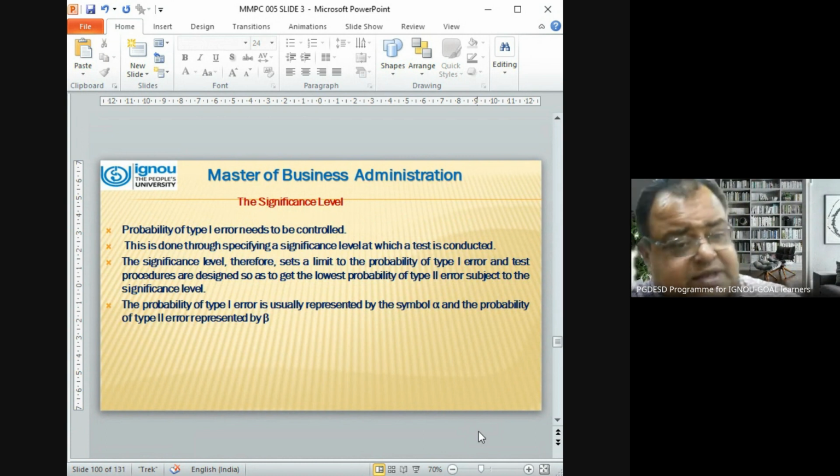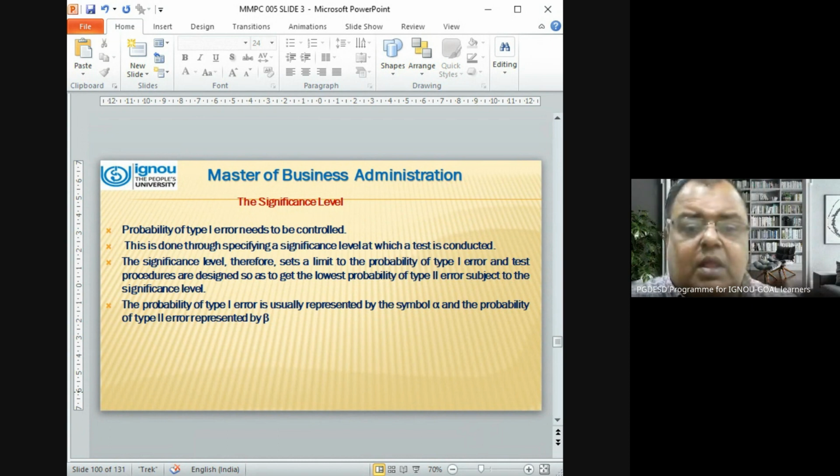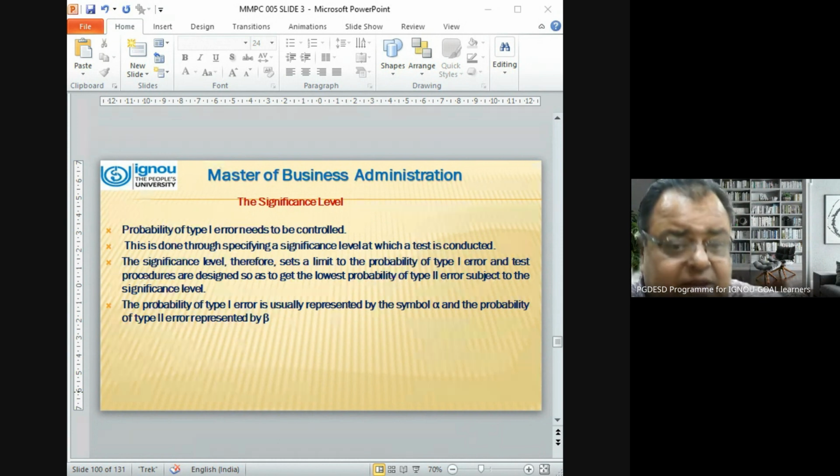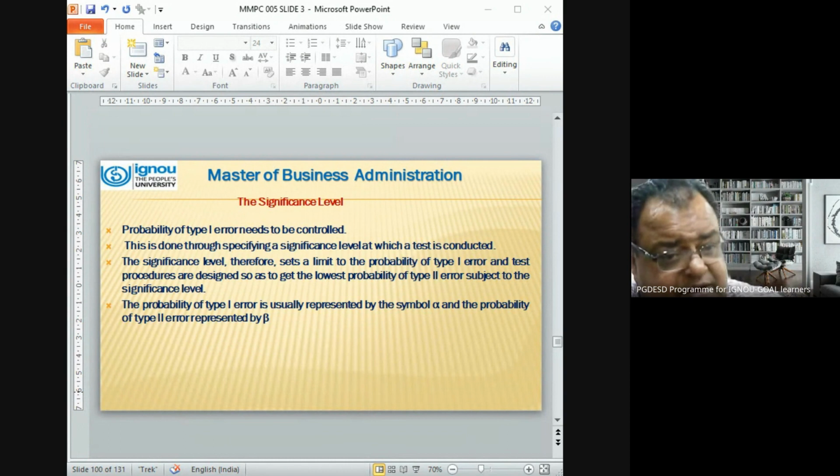The significance level therefore sets a limit to the probability of type 1 error, and test procedures are designed so as to get the lowest probability of type 2 error subject to the significance level. The probability of type 1 error is usually represented by the symbol alpha, and the probability of type 2 error is represented by beta.